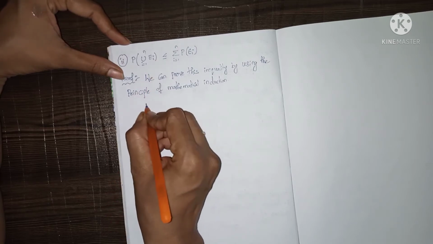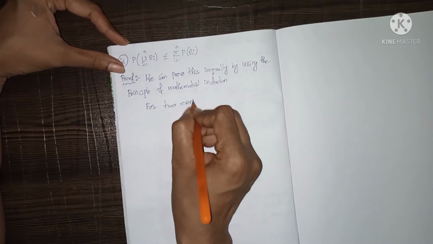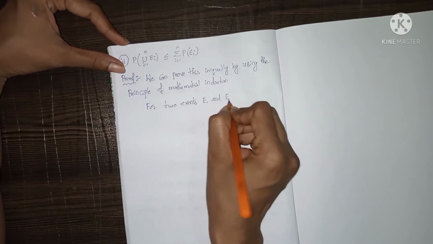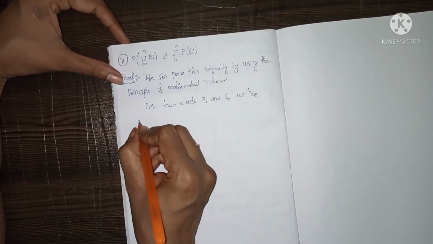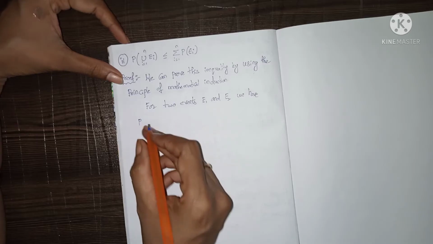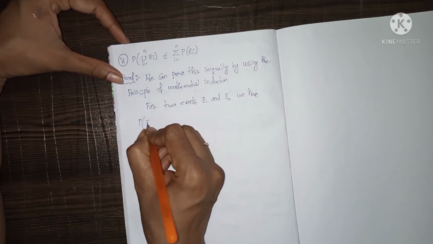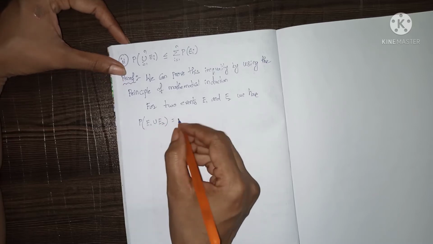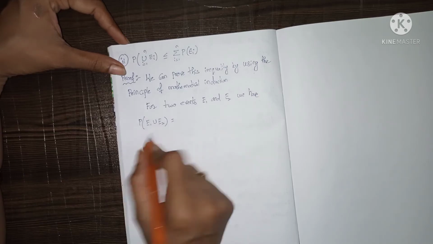So first, for two events E1 and E2, we have the addition theorem for two events formula, no? So that one I am going to write. Probability of E1 union E2. This formula is also known as the addition theorem for two events.